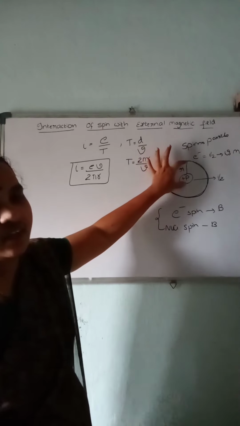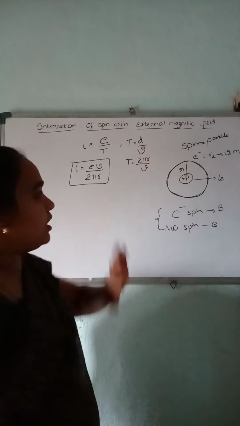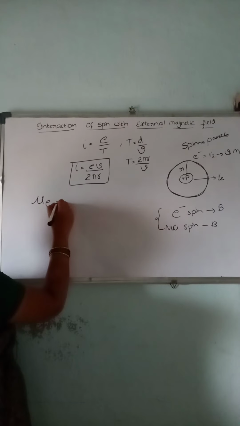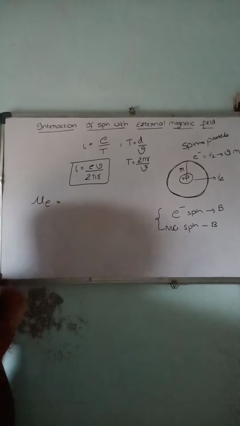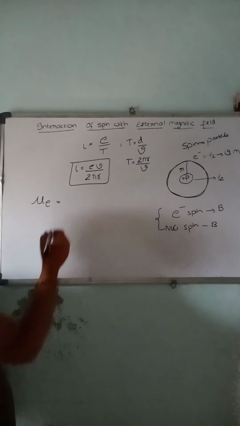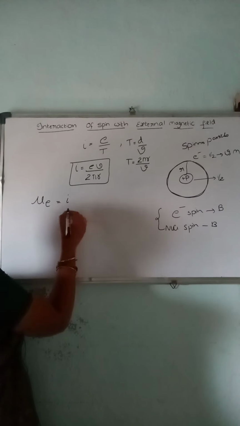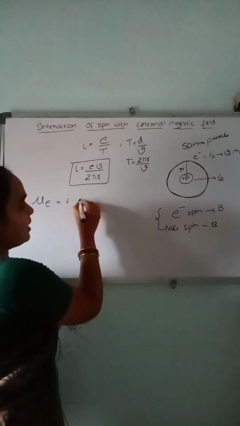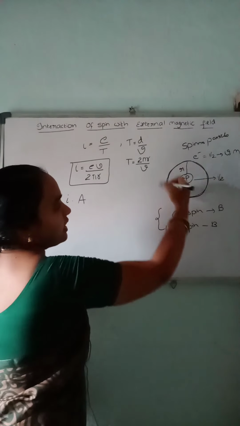That means they constitute a dipole. This dipole moment can be represented for the electron. Mu e is the dipole moment of an electron, which is the product of the current carried by the electron multiplied by the area of the given orbit.